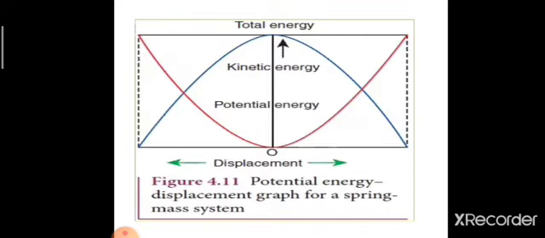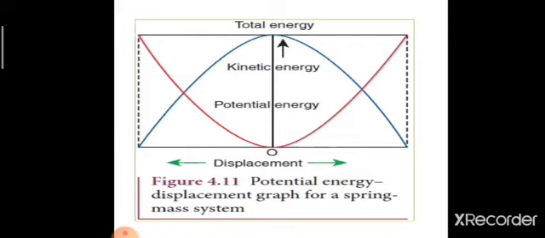This is a plot of energy versus displacement. We know that when the spring moves about the equilibrium position, it will have minimum potential energy and maximum kinetic energy at the equilibrium position. In a similar way, at the extreme ends, it will have maximum potential energy and minimum kinetic energy.